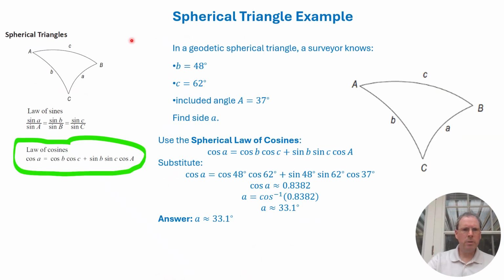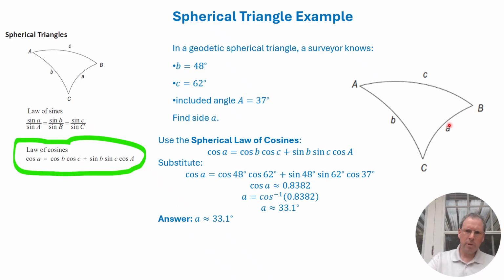Next, we're going to look at the spherical triangle formulas here, either the law of sines or law of cosines, to calculate these. For example, in a geodetic spherical triangle, a surveyor knows this B angle is a 48-degree curve, this C is a 62-degree curve, and an included angle, this angle here, is 37.